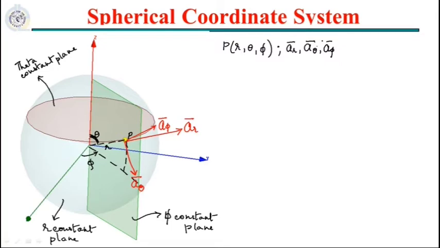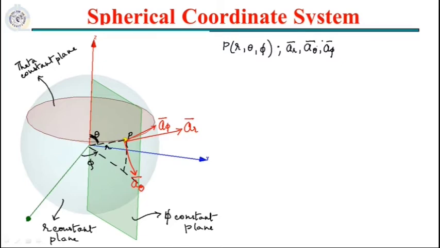Now it's time for us to define the differential lengths. In order to define differential lengths, I will need a small section of this sphere. You remember when we did the cylindrical coordinate system, I took out a section of this cylinder and then we defined all our differential lengths and area and so on.